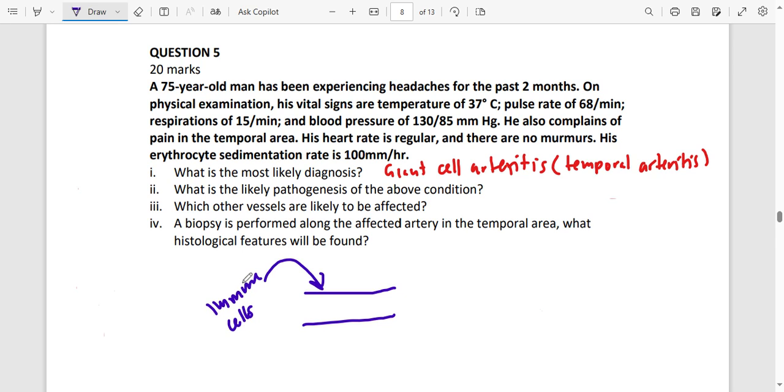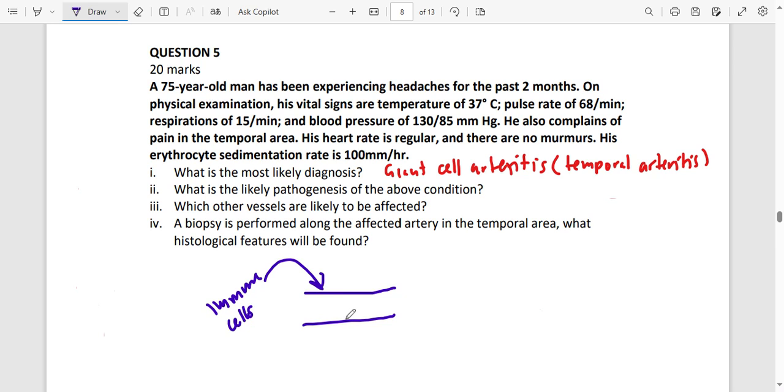And when that happens, as the immune system mistakenly attacks the wall of these arteries, there is going to be inflammation. Because remember, part of the immune system, you have got the B cells and the T cells. So those cells are going to cause an inflammatory response. And then after that, so the first thing is there's been an immune mediated inflammation.